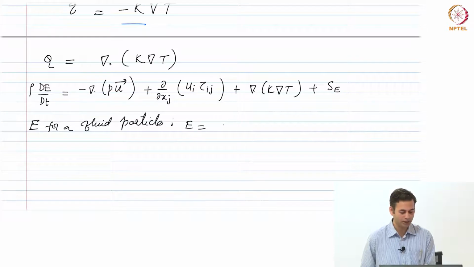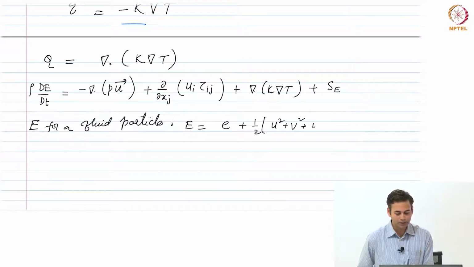So, we will represent it with another letter, little e. This little e is the internal energy for the fluid particle, plus you have kinetic energy, that is half of u squared plus v squared plus w squared, right. Is this u v w the same as the u v w we wrote before? It's the same, right.